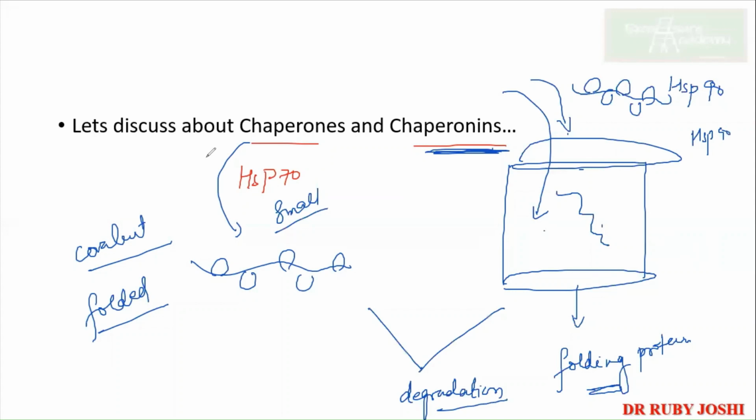Example, HSP70 is done, and the chaperonins are GroEL and GroES. We'll come to that. This is like a container, and then it has a lid. The moment the protein enters, the lid gets closed. It makes sure the protein is getting folded and then comes out. Did you get the difference now? So both are responsible for proper folding of the proteins.